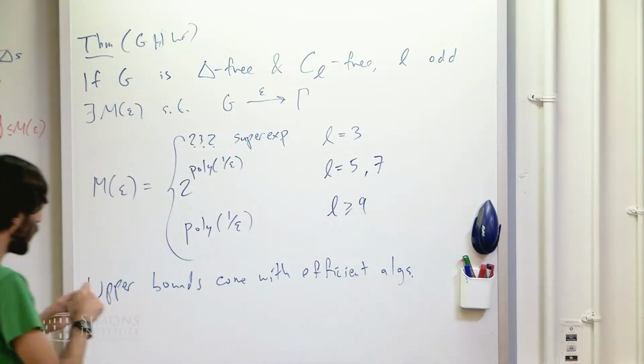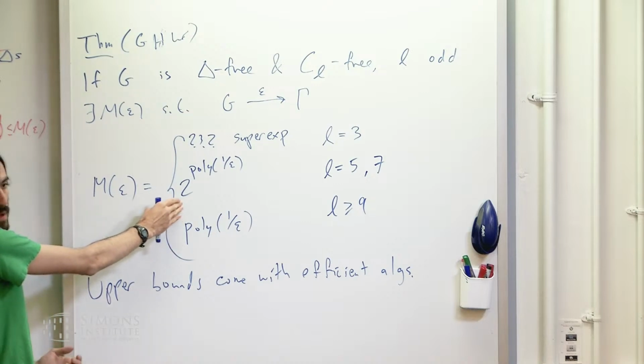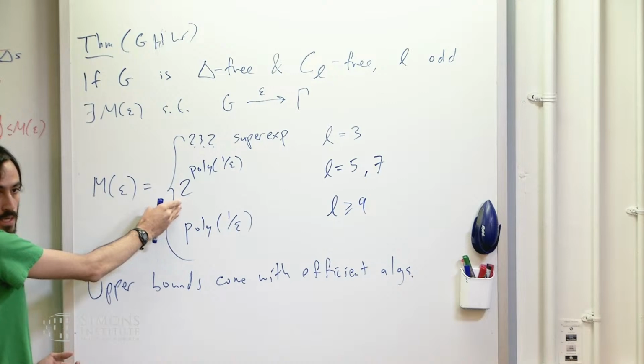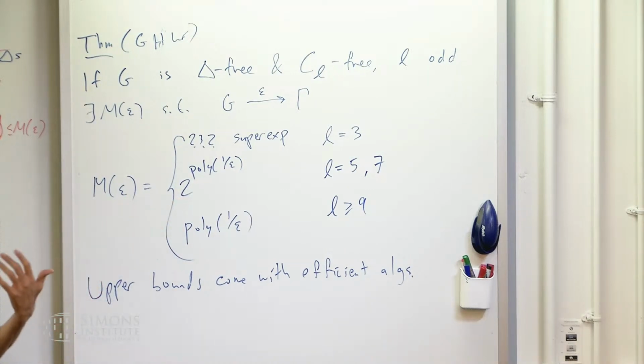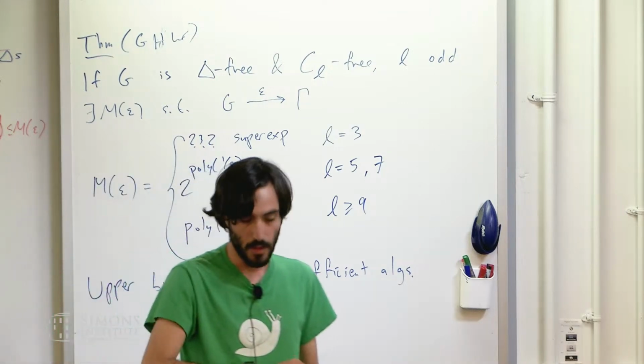This can actually be used to simplify a triangle-free graph. If you give me a graph that is triangle-free and C5-free, I can efficiently construct for you a graph on this many vertices, which remembers the triangle-free structure of the original graph. And similarly, once you promise me it's C9-free, then I can do it with polynomial size. Okay, any questions?